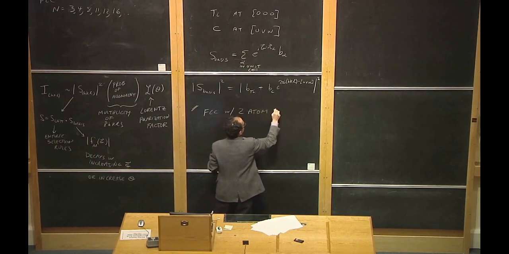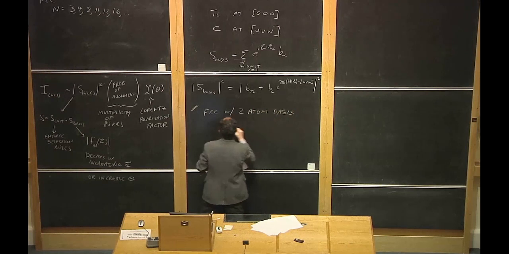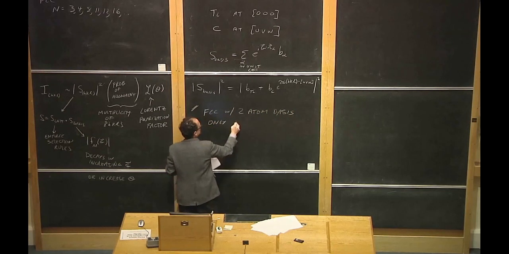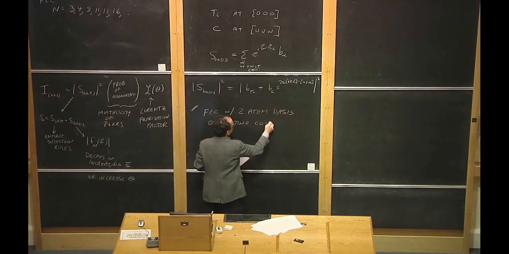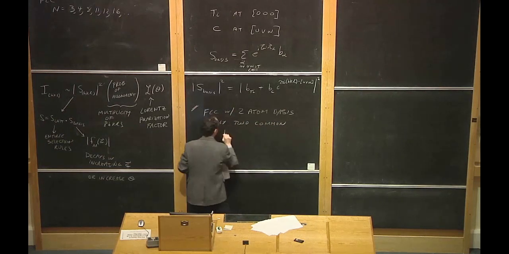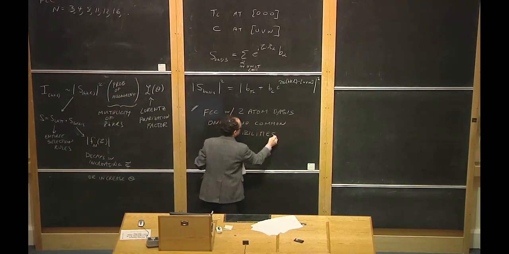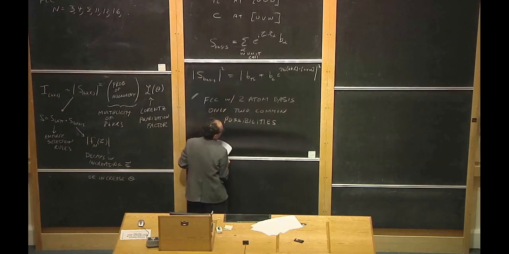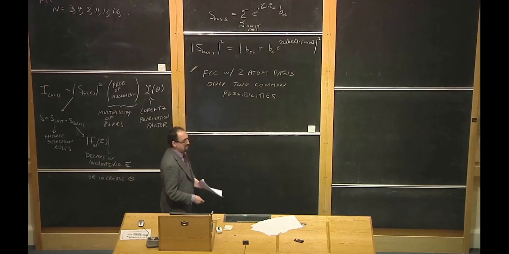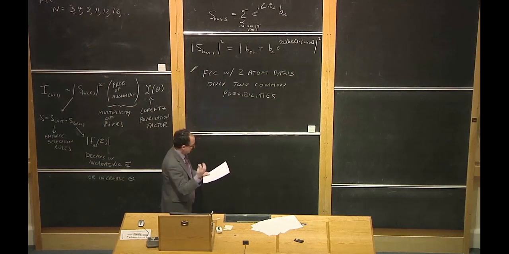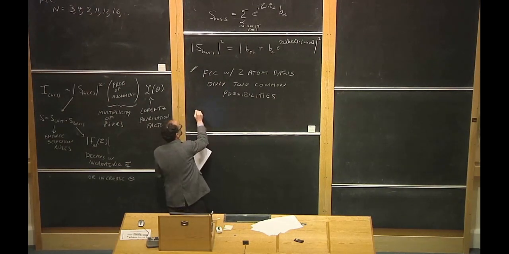there's only 2 common possibilities. In fact, I don't even know of any cases that are not one of these two. There may be even a theorem that you can't have anything else. I'm not sure about that, so don't quote me. But anyway, the two possibilities, we've seen them both before.